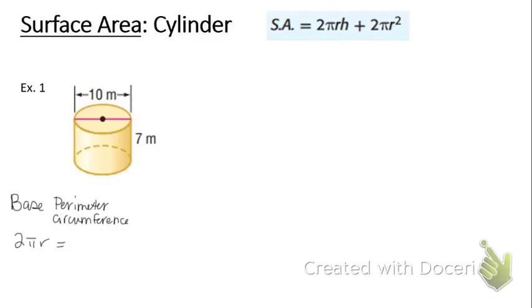What is my radius? The diameter is 10, so my radius is 5. So we do 2 times pi times 5, which is an exact 10 pi. We're going to leave it exact until the end.